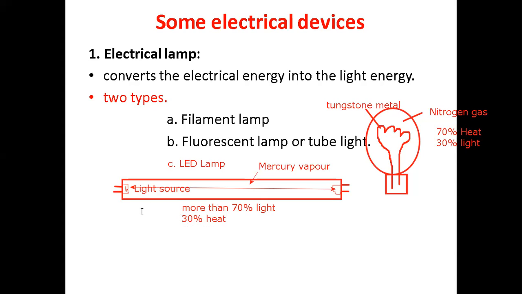Therefore, the fluorescent lamp is very useful for lighting purposes. And the LED lamp gives about 95% light nowadays, only about 5% heat energy. Therefore, the LED lamp is the modern type of lighting system.